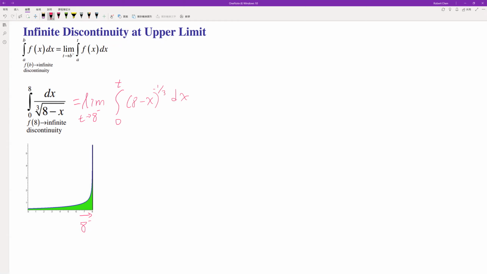All right, and let's evaluate the integral. Limit as t approaching 8 from the left. That's going to be 8 minus x to the 2/3, with a chain rule of a negative sign, and then multiplied by the reciprocal of the power, which is 3/2. Like that, evaluating from 0 to t.